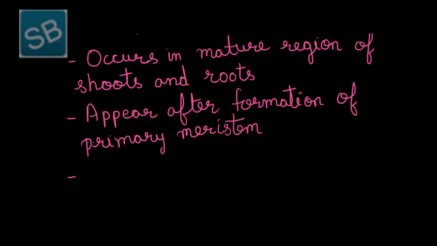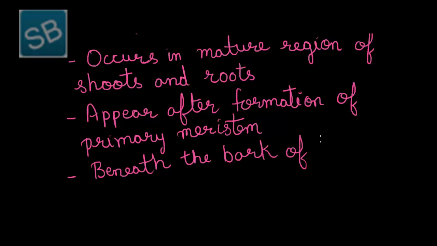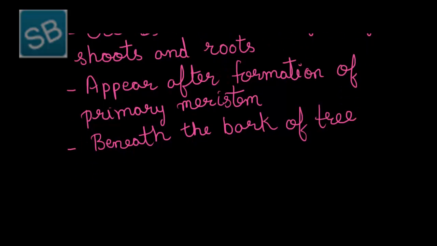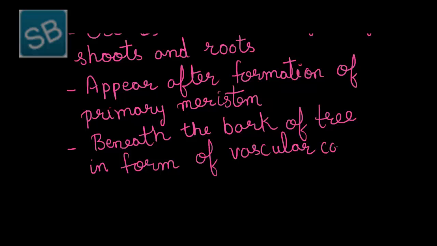These types of meristems are generally found beneath the bark of the tree in the form of vascular cambium or cork cambium.